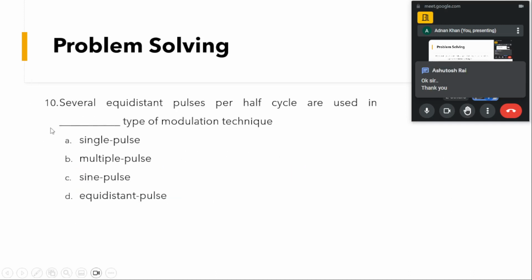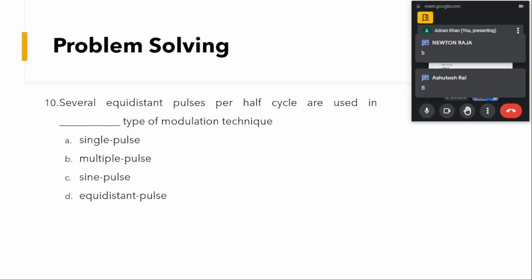So moving to the last question: several equidistant pulses per half cycle are used in which type of modulation technique? Anyone? Most of you are saying multiple.